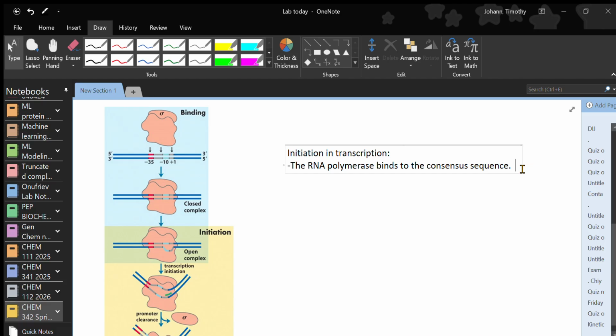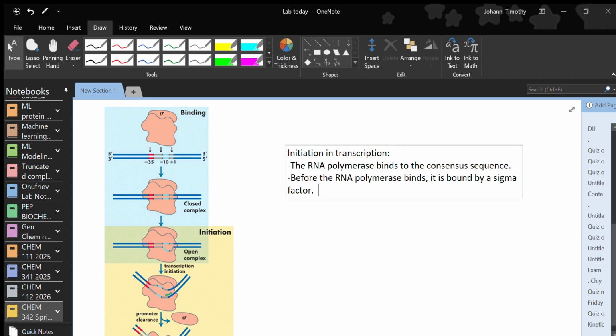Before it binds, the RNA polymerase is bound by a sigma factor. So it's like step 1 and then step 0.5 before it.